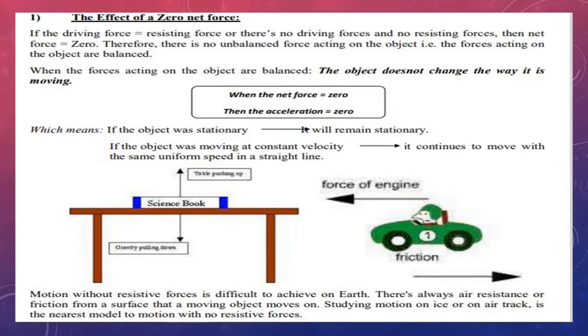In this case, what is the effect of these forces on the object? In two situations: if this object is moving, what happens? And when this object is at rest, or a stationary object, what is the effect of the force?